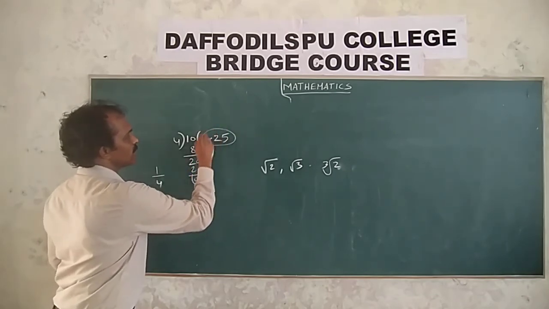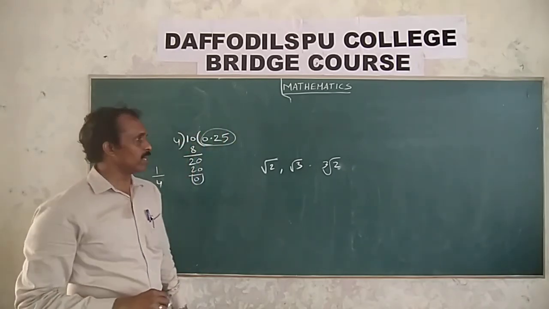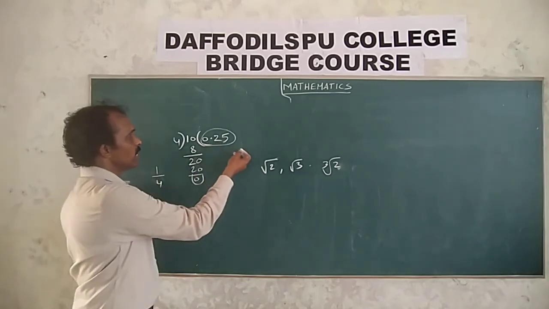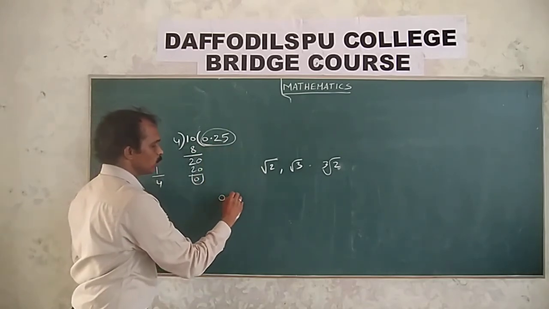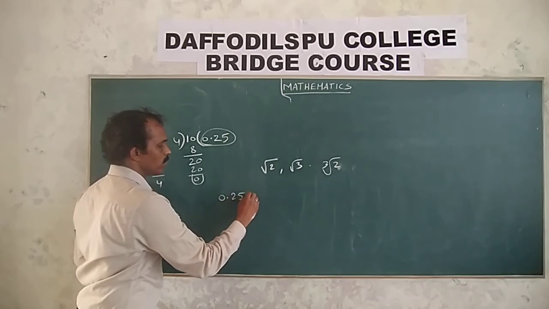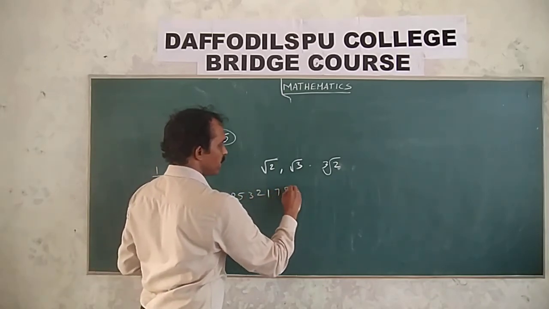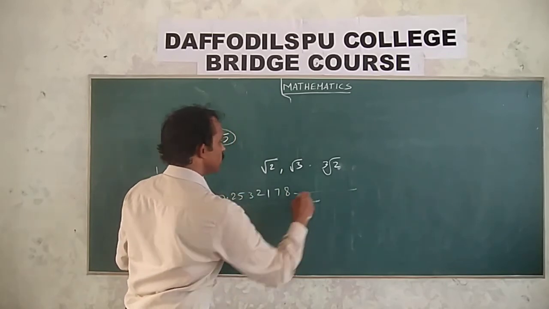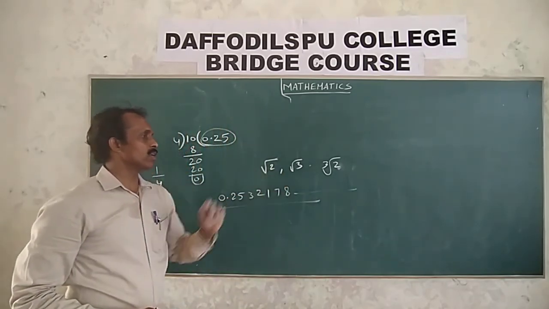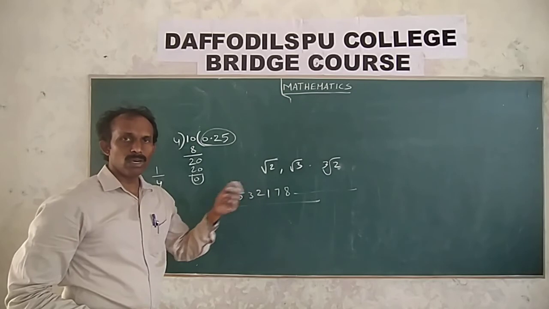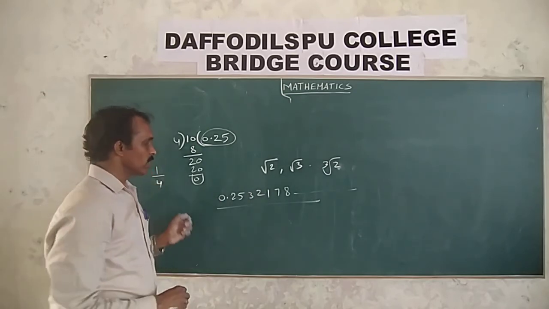This is a terminating value. It is non-terminating like this one, 0.2532178 and so on, infinite. This decimal value has no ending. This is called a non-terminating value.